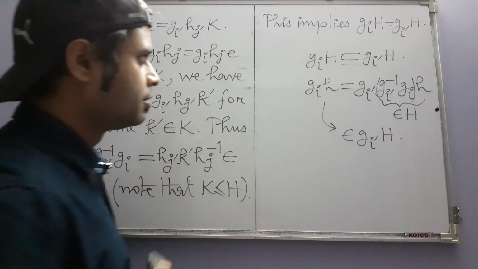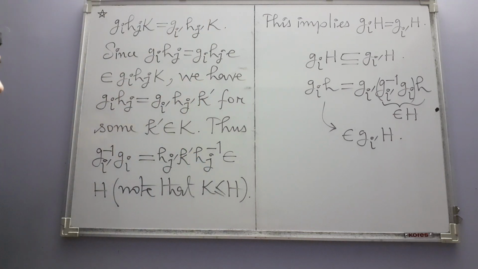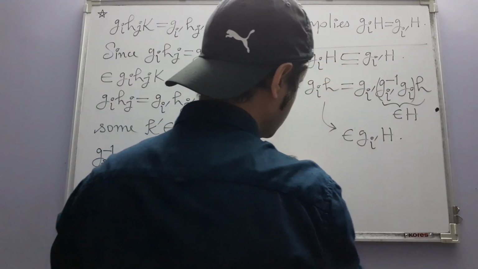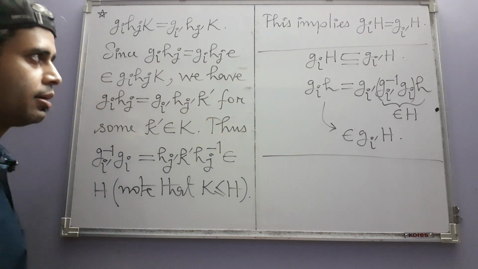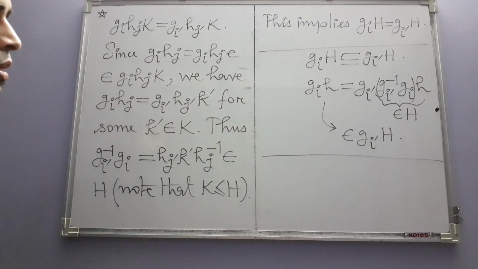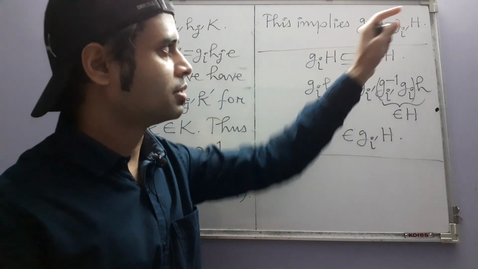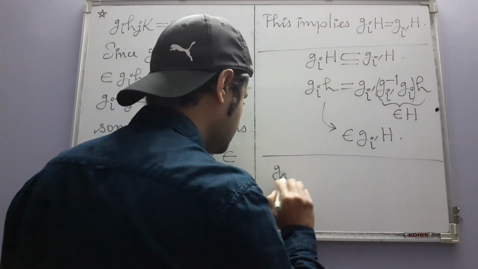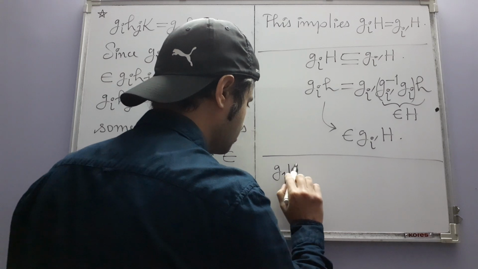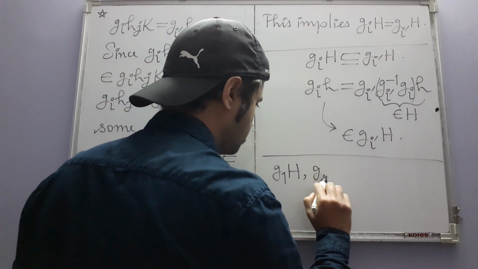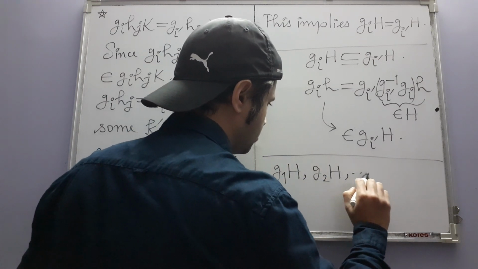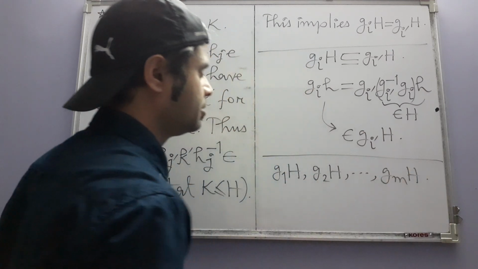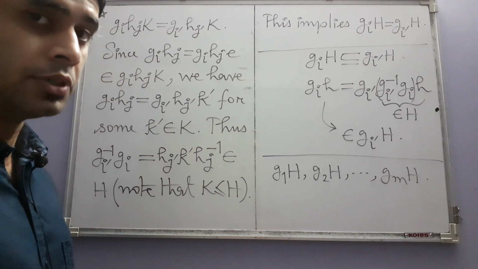Okay. But now let me keep it like this, not including it in the actual solution. But now what can we say from this equality? Recall that these were our distinct left cosets of H in G. Distinct.